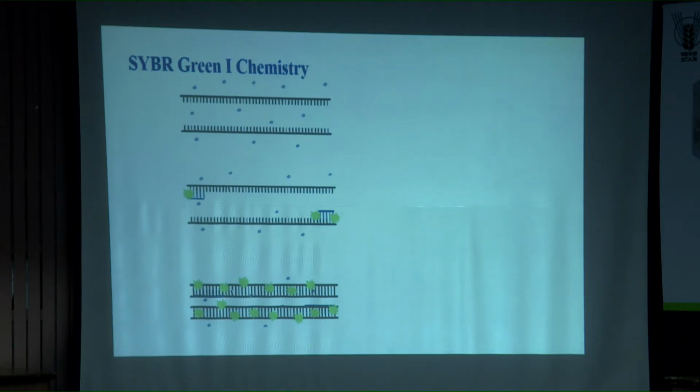So this question students always ask. When I make a cocktail of these real-time PCR chemicals, I have the template already there, right? And I have the SYBR Green also added there. So there may be a possibility that the SYBR Green is already getting intercalated in the double-stranded DNA. That's the reality, yes, it does happen, right?